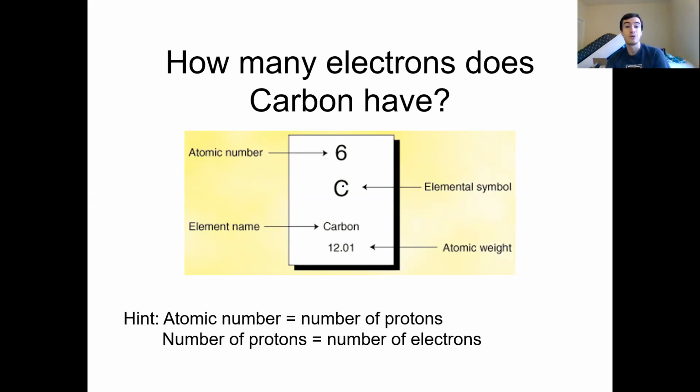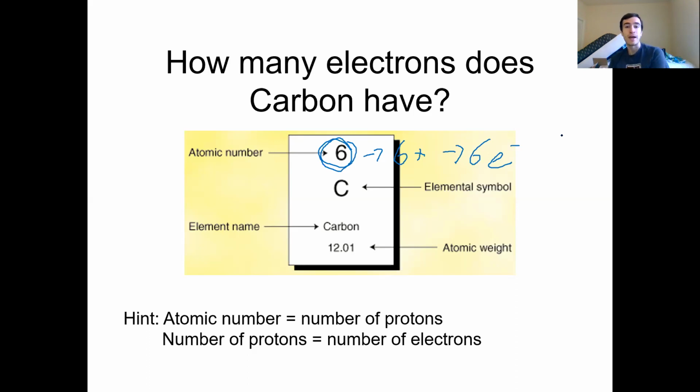All right, so if our atomic number of carbon is 6, then that means that carbon has 6 protons, or 6 positive charges, which means that carbon must also have 6 electrons, or 6 negative charges.